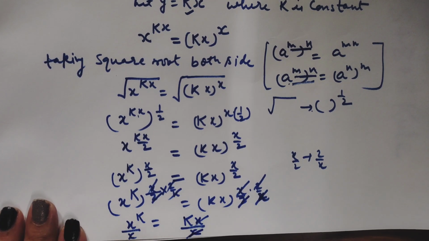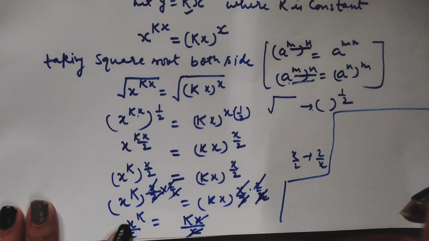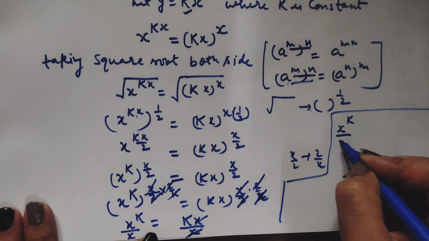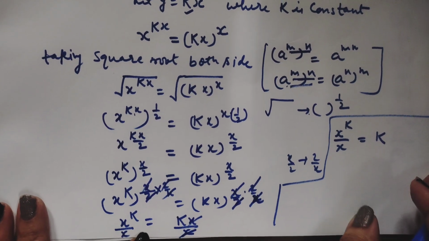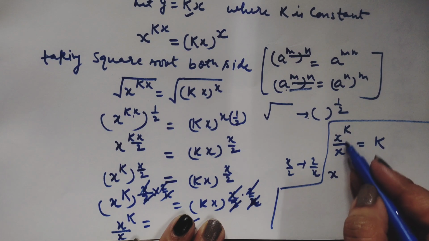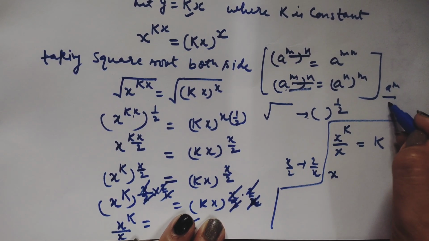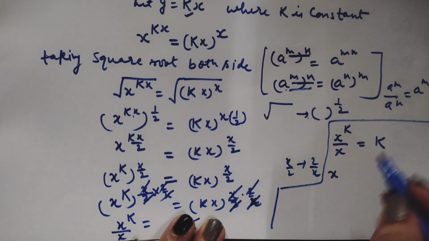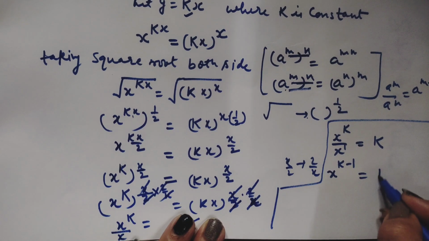The x and x cancel out, so on the left hand side we have x^k divided by x, and on the right only k remains. Using the exponent law a^m divided by a^n equals a^(m minus n), it is x^(k minus 1) equals k.